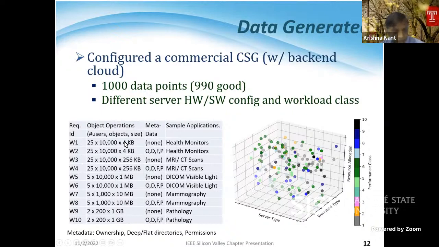They're trying to upload files of different sizes and different number of files. And we collected 1,000 data points. So this was a lot of work. And out of those, 990 points were good. So by doing this, we got a fairly detailed look at what happens to the performance as a function of various configuration parameters.